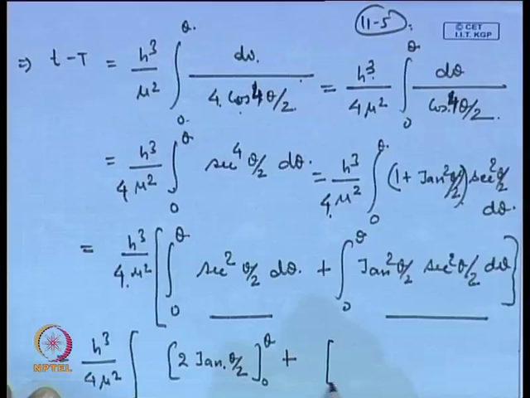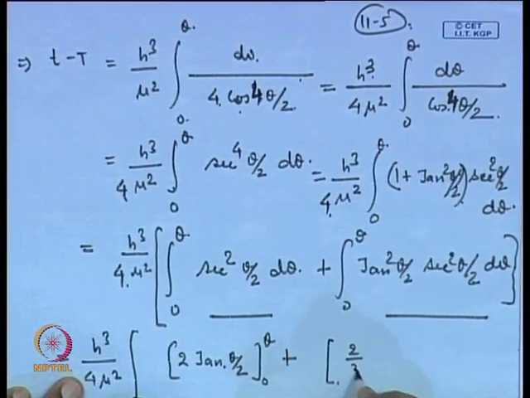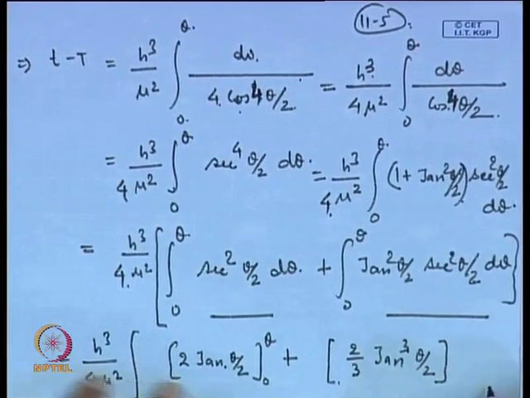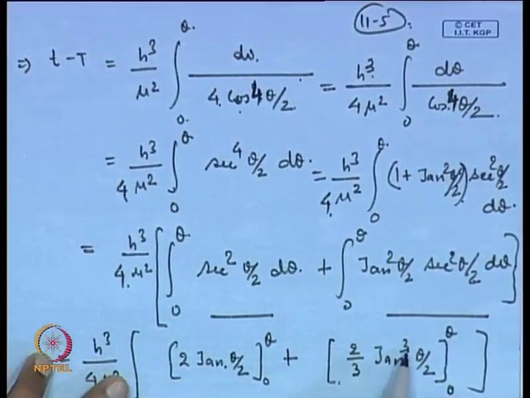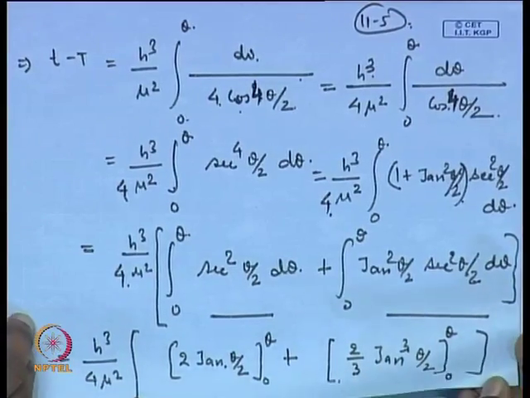So from here we can write 2 by 3 tan to the power 3 theta by 2 between 0 and theta. We can check it: this will become 3 tan squared theta by 2 times sec squared theta by 2, and then differentiating theta by 2 will give 1 by 2. So 2 by 3 cancels out the 3 and 2.